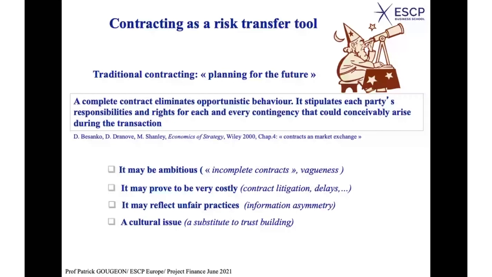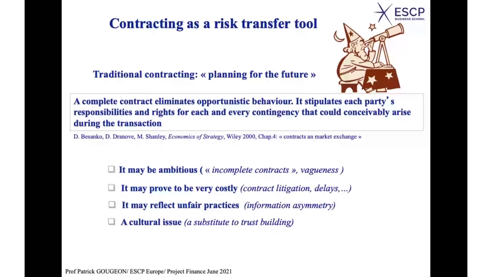Okay, so building trust is a kind of necessity for complex projects as a complement to contracting. Okay, that's something that should be clearly understood. And if you look at the failures of many projects, they come from the fact that people were not able to work together, counting too much on contracts rather than on personal relations.